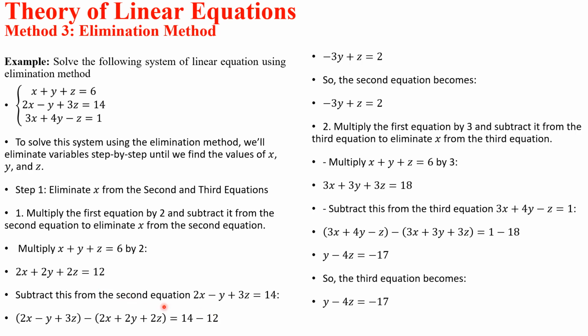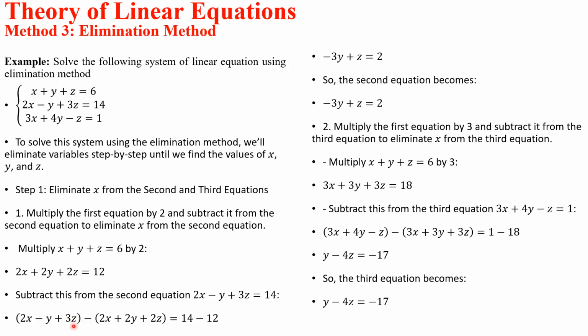Playing around with that, 2x minus 2x will give us nothing. Minus y minus 2y will give us minus 3y. Then 3z, minus times plus, of course, will give us minus.